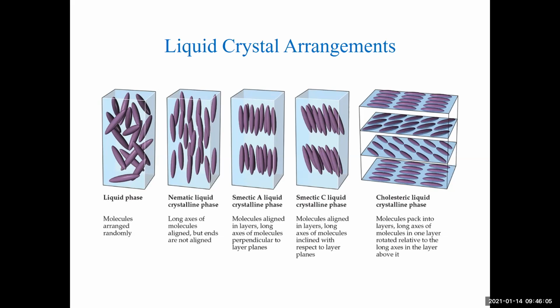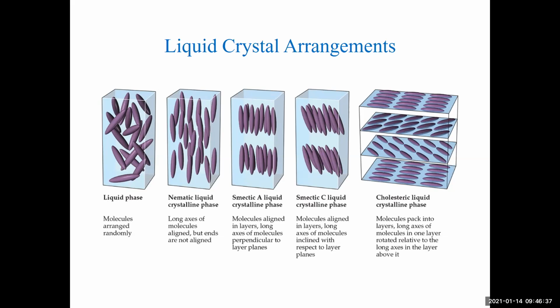So starting from the liquid phase, all the way across to the cholesteric liquid crystalline phase, we get increasing order. When you talk about these things being used in displays, there are things you can do. Sometimes it's putting on a little electric field, sometimes other things you can do to make these things move, okay?